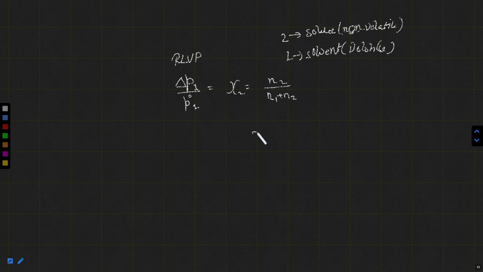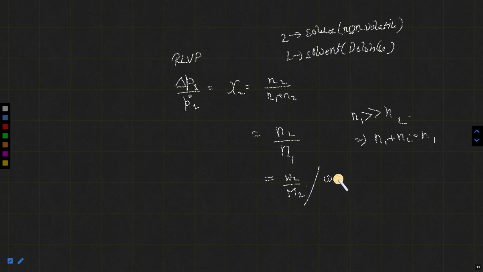Now further we have assumed that our solvent is present in a very great amount, so N1 is greater than N2, which will result in N1 plus N2 equals N1. We will write this again as N2 by N1. Now again, the number of moles of N2 can be written as given weight of 2 by molar mass of 2, divided by given weight of 1 by molar mass of 1.